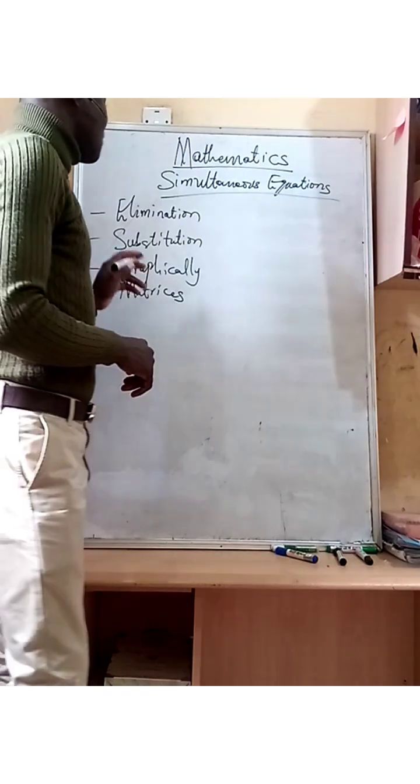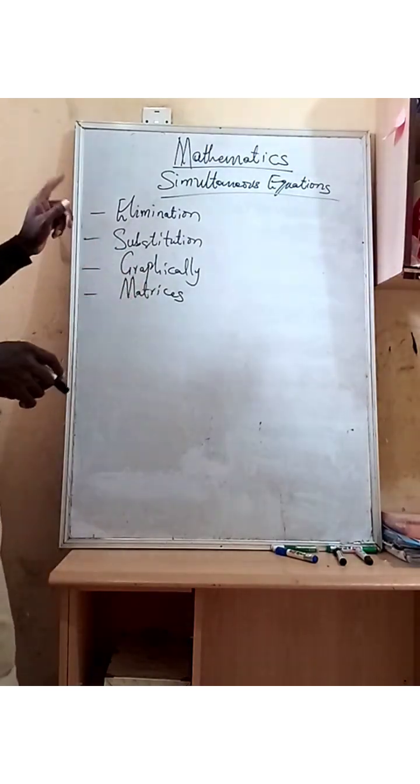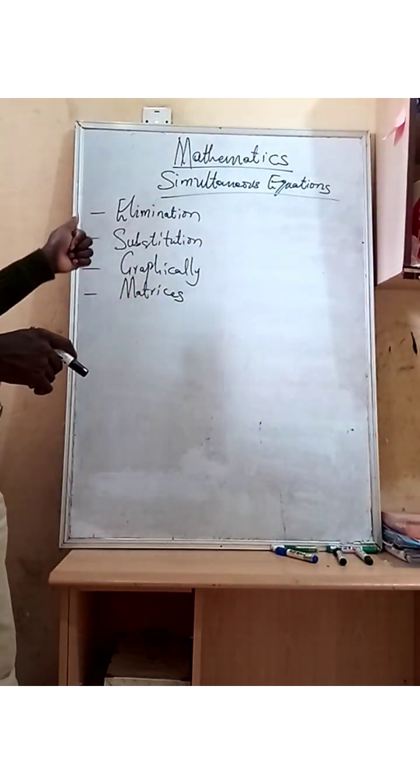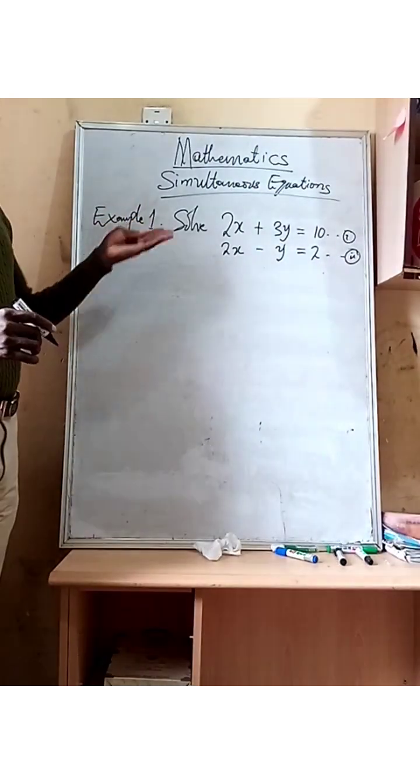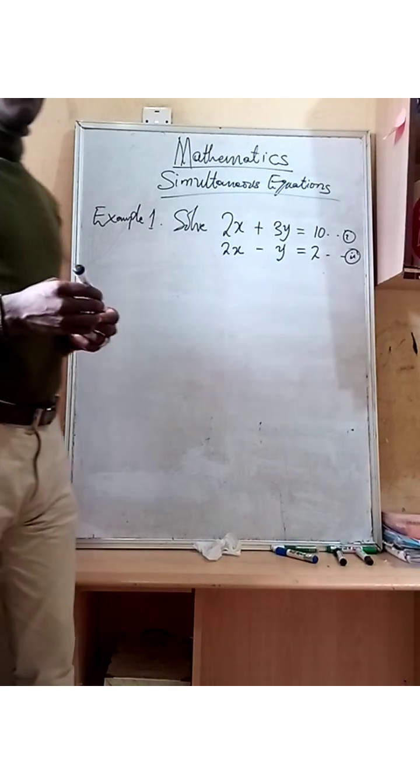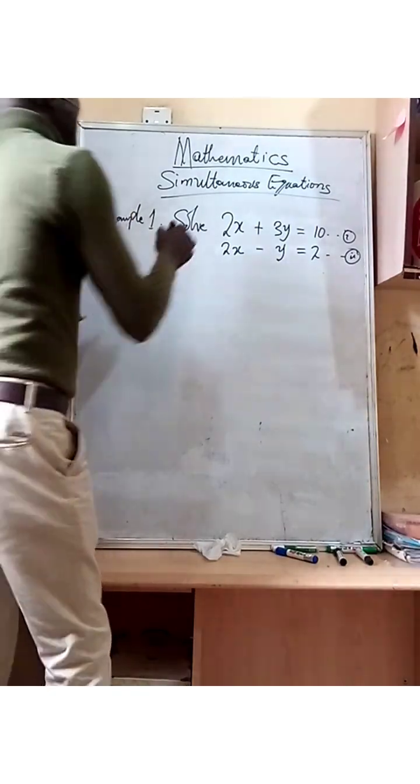In the interim, I am going to discuss solution by the elimination method. You may be told to solve these equations simultaneously. Now, I have mentioned that we are solving using the elimination method.